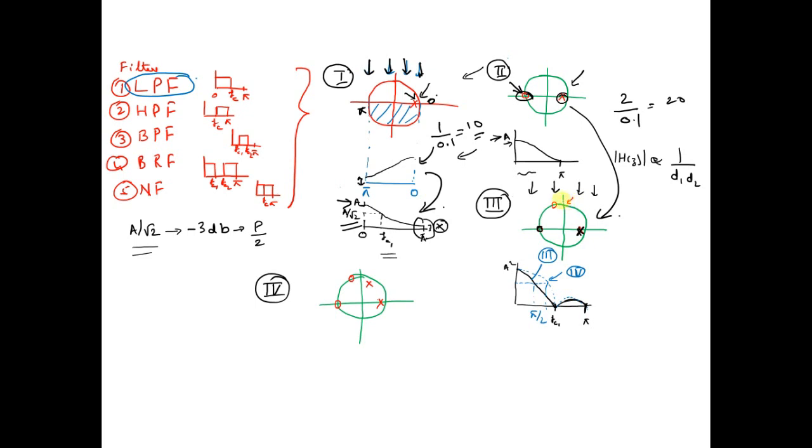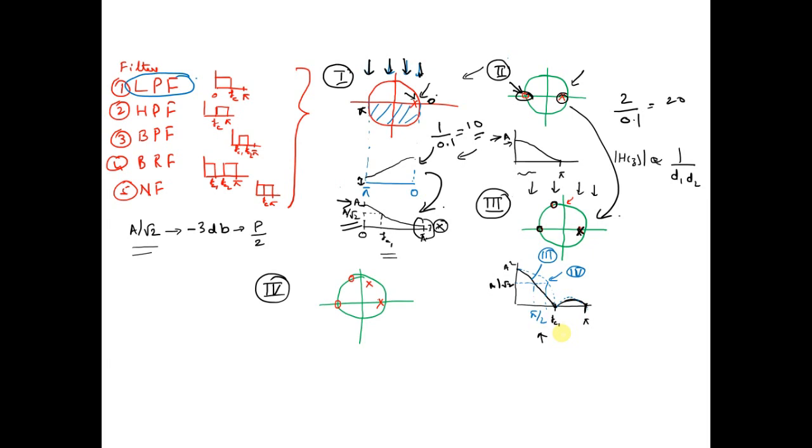So in that case, I will put a zero near to the pi by 2, because I want a condition of A by root 2, because I have told you that the cutoff frequency is governed by the factor A by root 2. Wherever the gain of the system becomes A by root 2, at that corresponding frequency, we would call it the cutoff frequency.